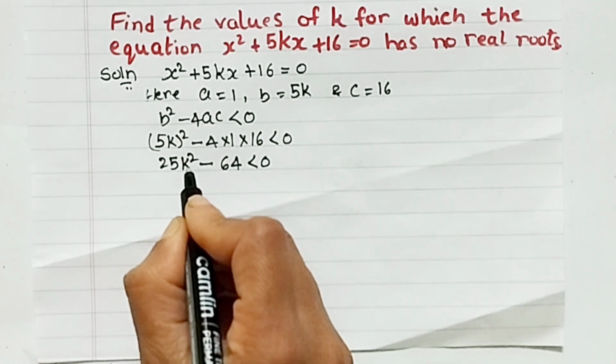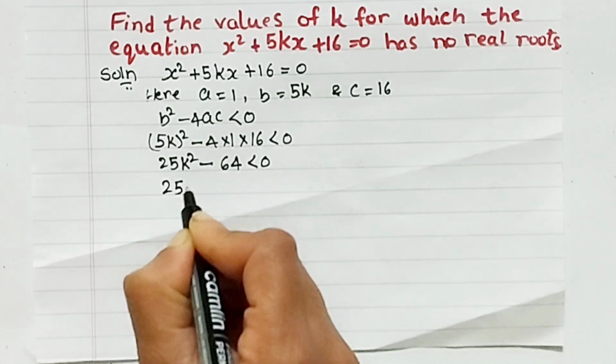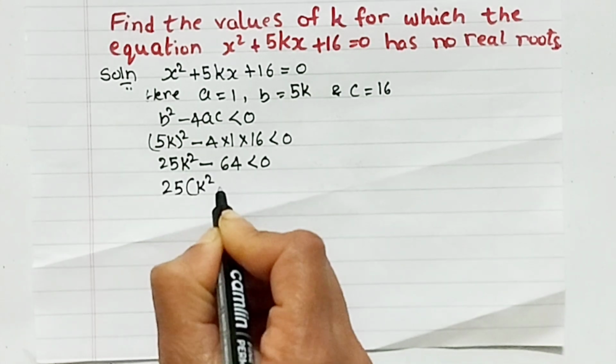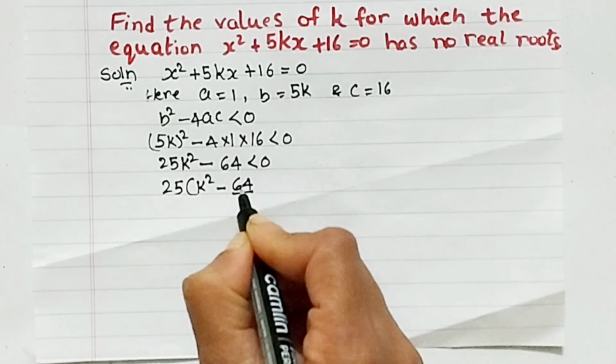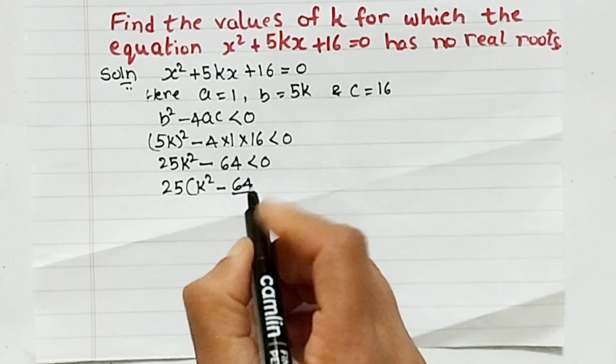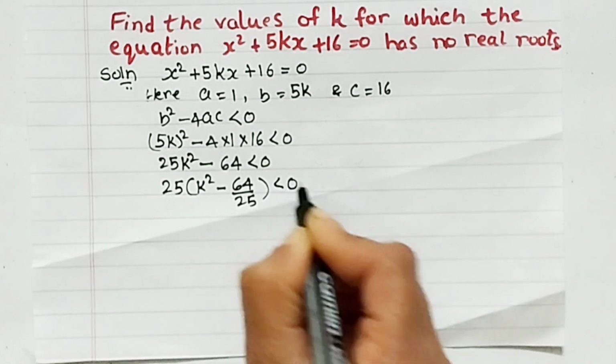Here we require k, so we can take 25 out. 25 into (k square minus 64 by 25), since we have taken 25 out, is less than 0.